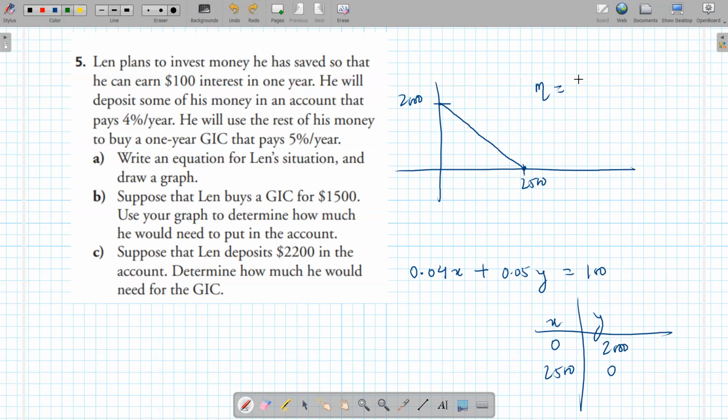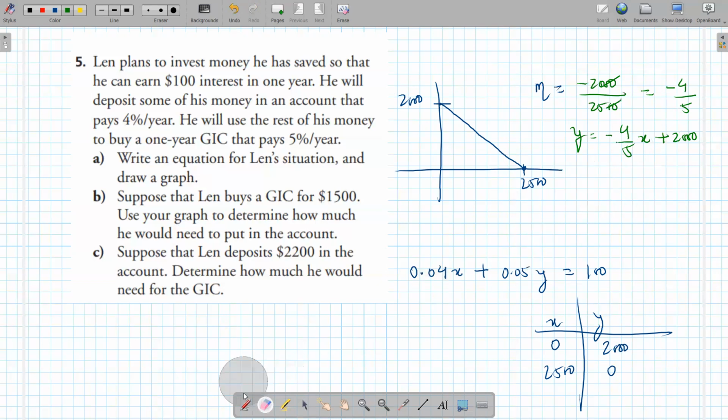It's 2000, but it's going to be negative because we're going down, and the run is 2500, yeah? So you get negative 4/5. That's our slope. Therefore, the equation here, we already know what the y-intercept is, 2000. It's going to be negative 4/5x plus 2000 would be the equation, okay?